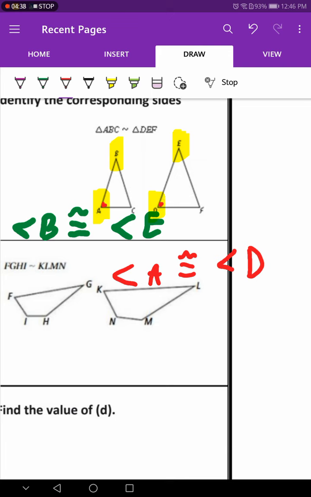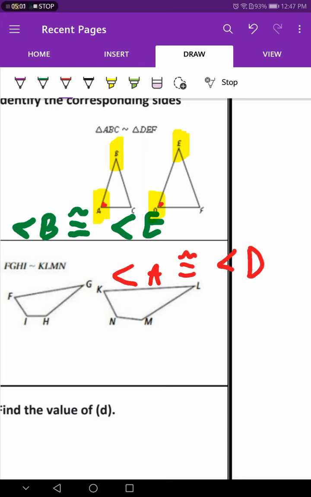But teacher, they are a different size. Even so, they are equal. The angles are equal, the sides different. But the angles must be equal if the shapes are similar. This is a rule.